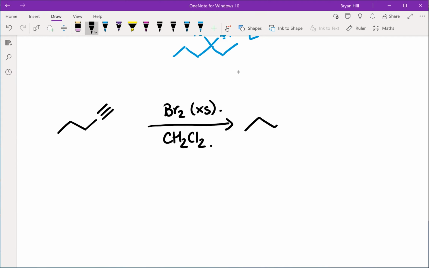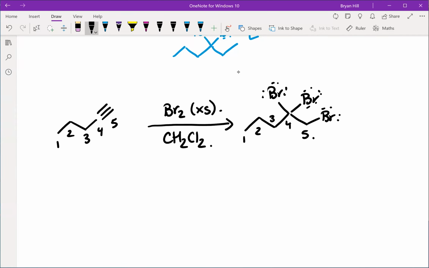So we've got 1, 2, 3, 4, 5 carbons, and we're brominating carbons 4 and 5 twice. So we'll have Br, Br, Br, Br. And the last thing on this little carbon here, of course, is the proton.